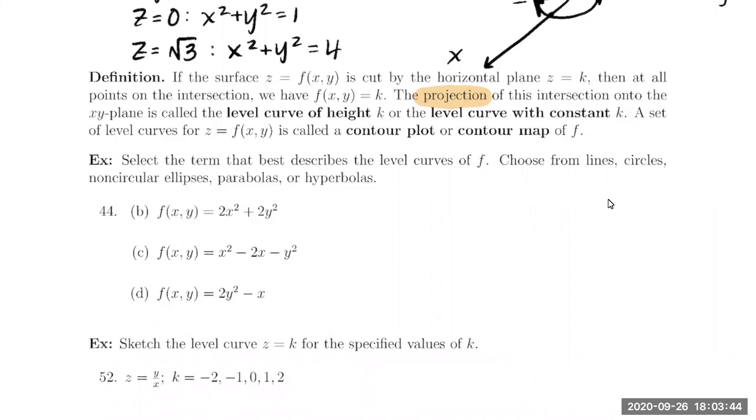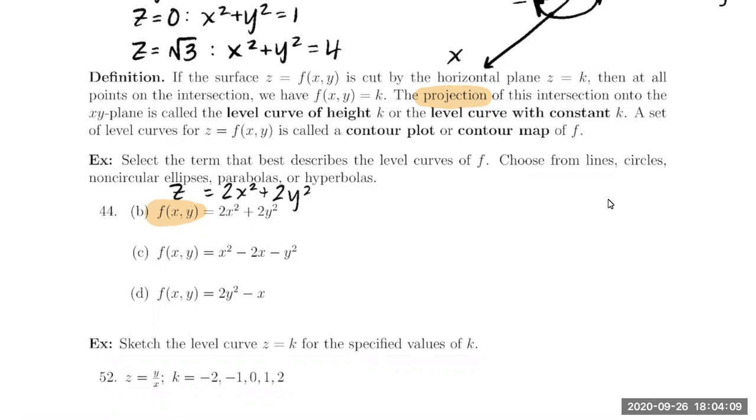So let's take a look here first of all at B. Now remember, what we're doing is we're taking this f of xy and replacing it with z. So we would have z equals 2x squared plus 2y squared. All right, and so what's happening here? I see the sum of two squares, so that's either a circle or an ellipse.